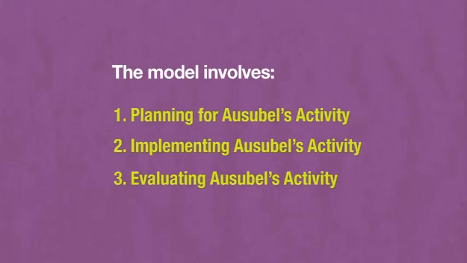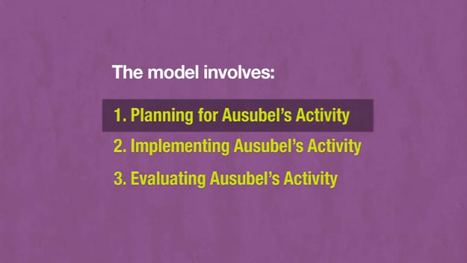Now let us first come to the first step, that is planning for Ausubel activity. Here, the teacher will identify goals based on the learner's background, as Ausubel believed that whether a material is meaningful depends on the learner and the material, not the method of presentation. Hierarchical structuring of content is determined.